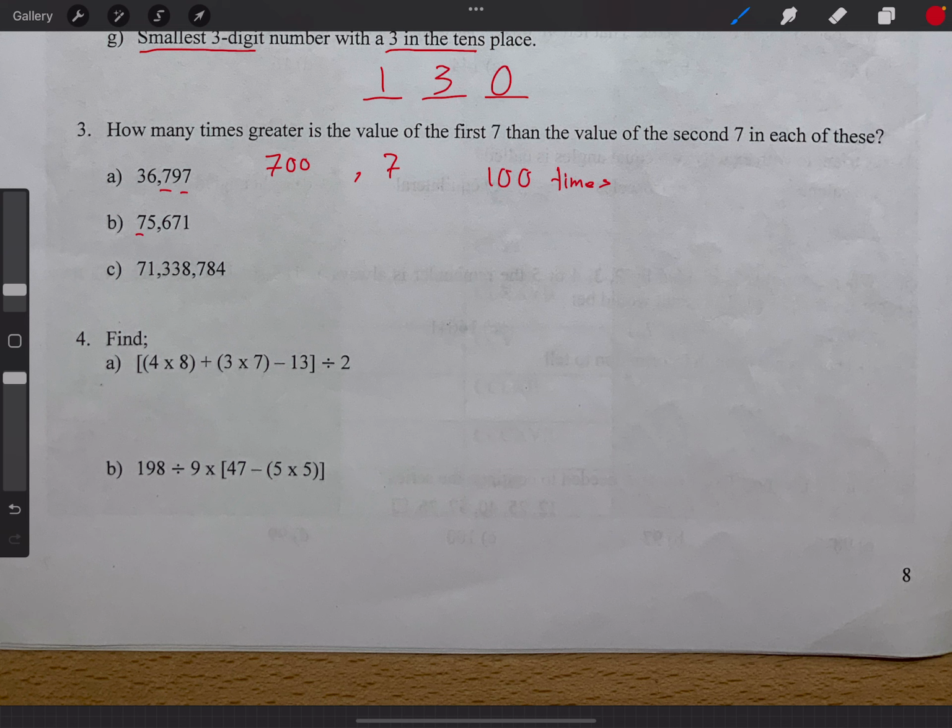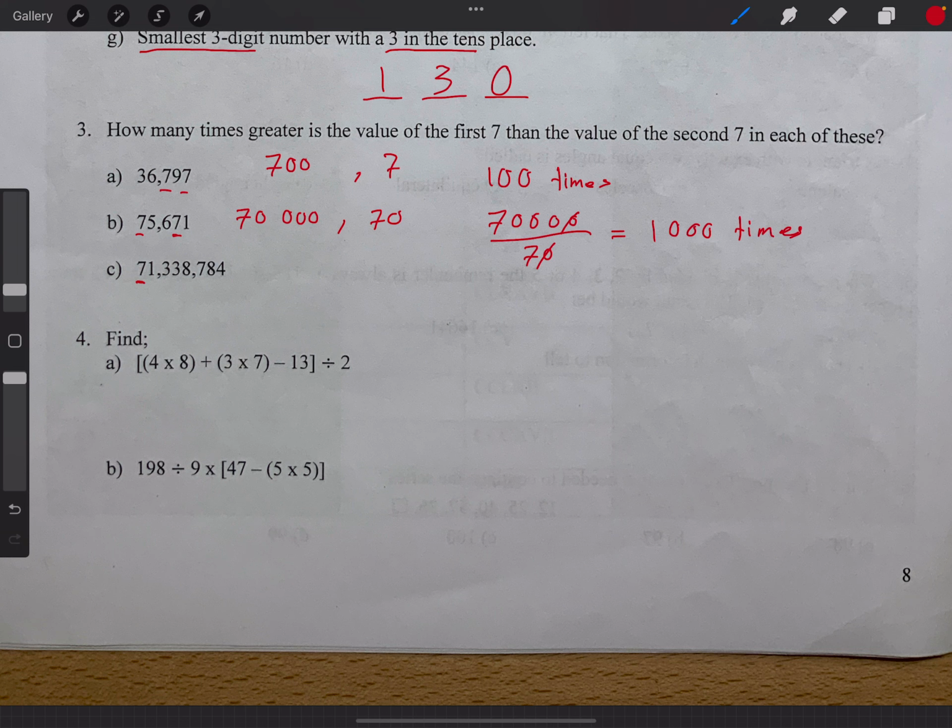This one is 70,000 compared with 70. So just do 70,000 divided by 70. Cross out the zeros. So that'll be 7,000 divided by 7. That's just 1,000 times larger.